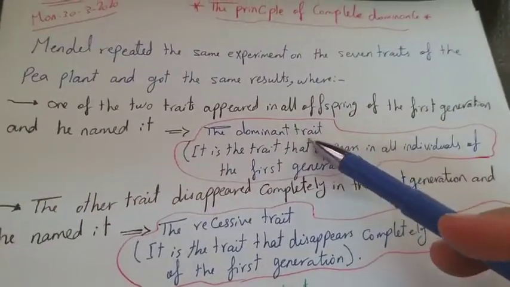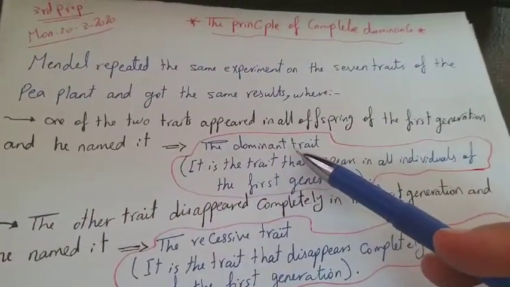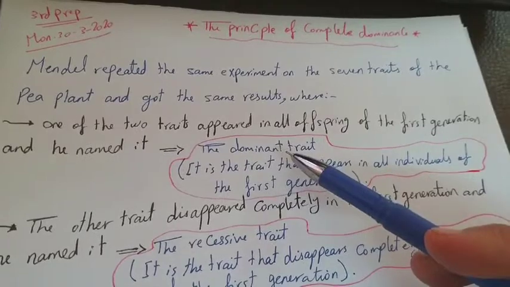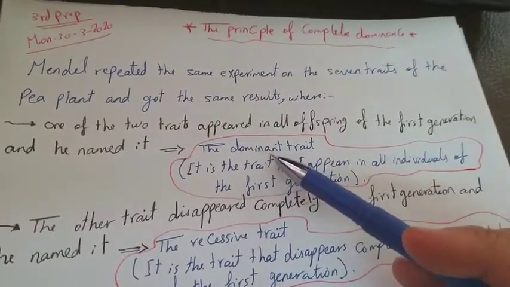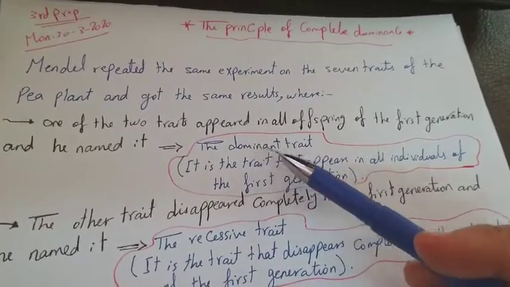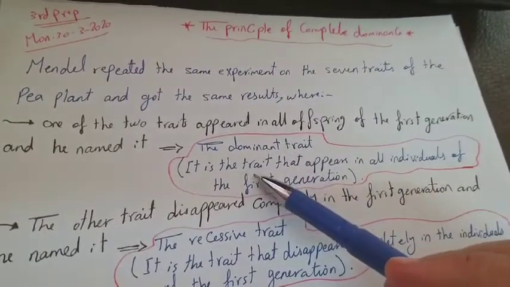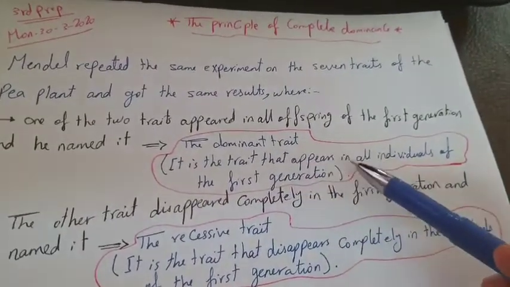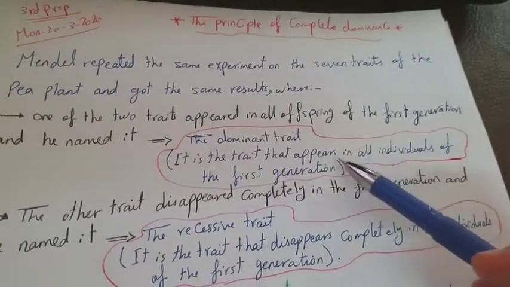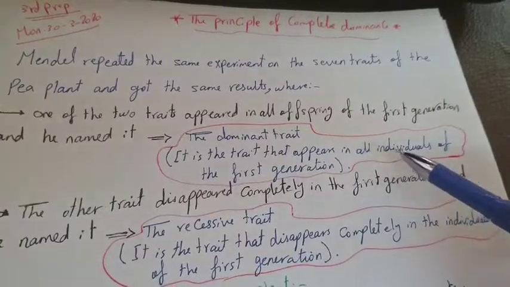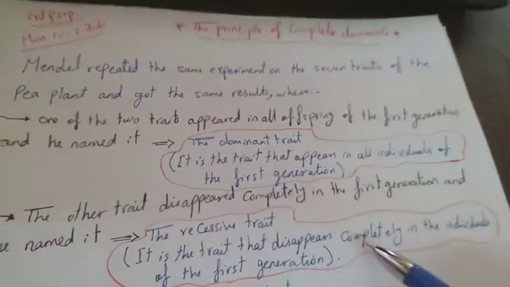The trait that appears in the first generation is called the dominant trait. So what is the dominant trait? It is the trait or characteristic that appears in all individuals of the first generation.